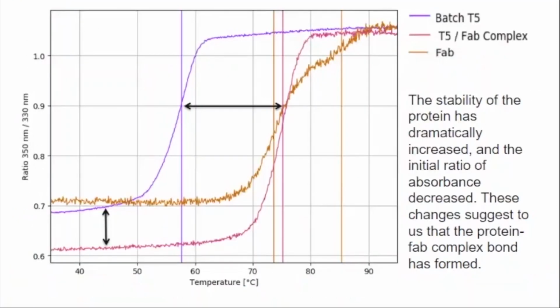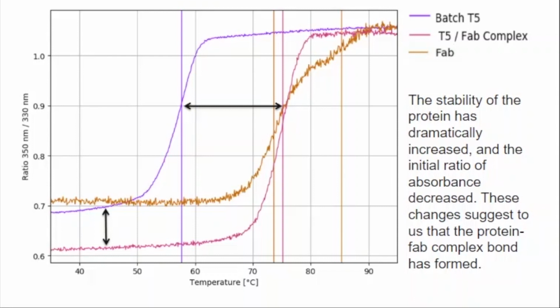But when we run these samples on the Tycho, we can see a pretty dramatic difference. The blue trace is our protein on its own, which has a TI of a little bit less than 60 degrees. The orange trace is the antibody on its own, which unfolds at around 74, 75 degrees Celsius.